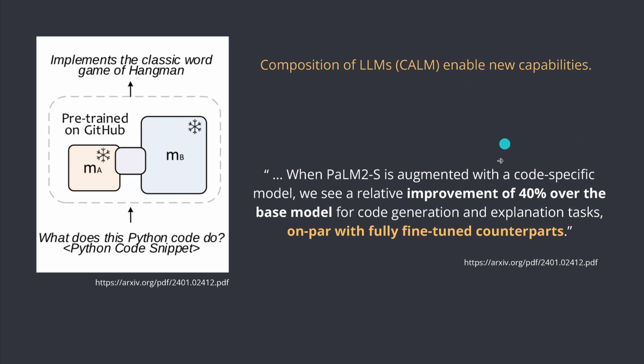New capabilities. And here from Google, the original paper: when PaLM is augmented with a code-specific model, trained on GitHub for example, we see a relative improvement of 40% over the base model. So the performance of B increases by 40% for code generation, which is on par with fully fine-tuned counterparts.